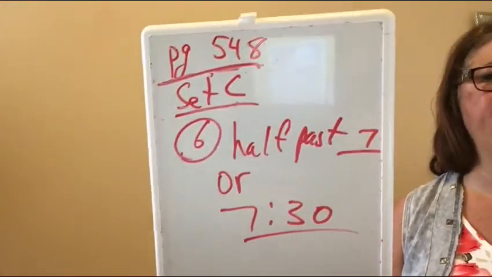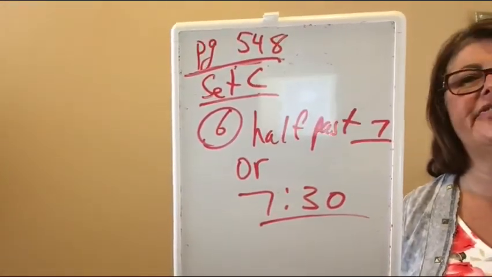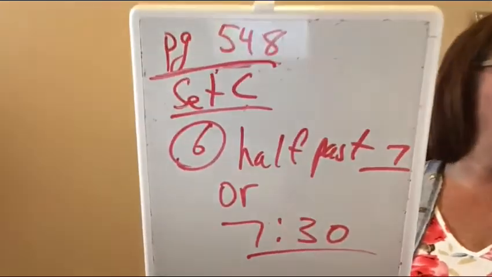So number 6 says, write the time shown on each clock. Number 6 says half past what? Half past 7 or 7:30. When you say half past the hour, it is 30 minutes past the hour. The hour is 7.